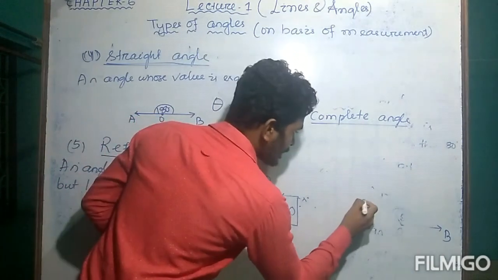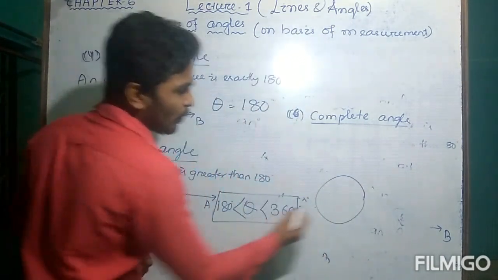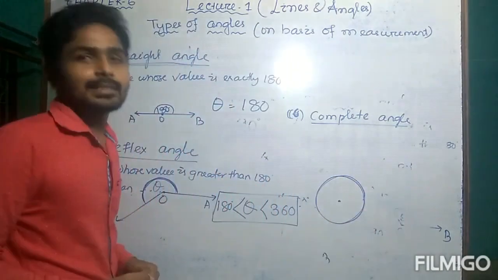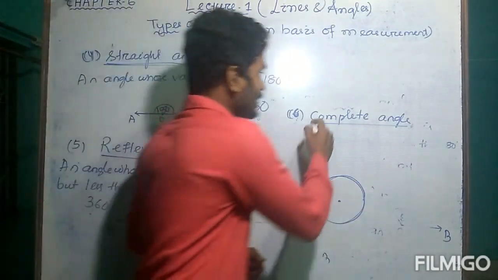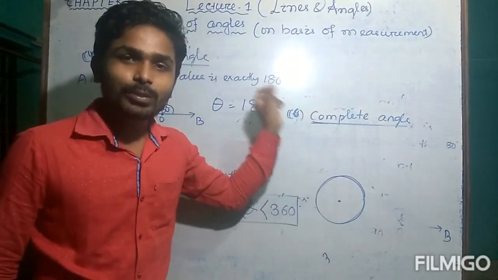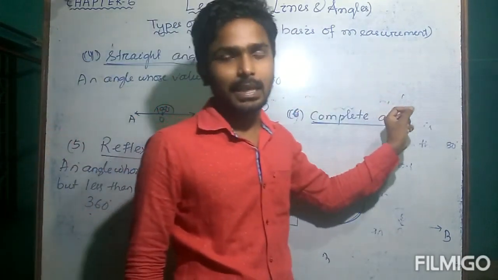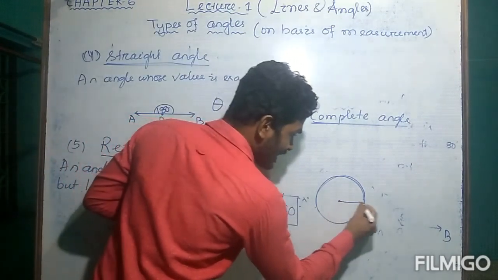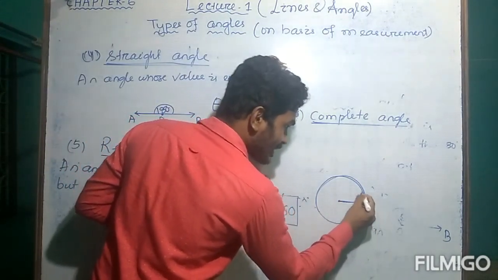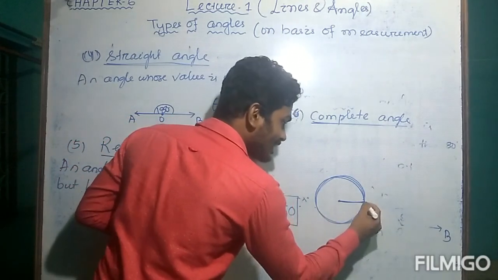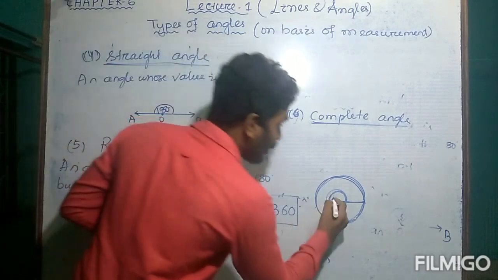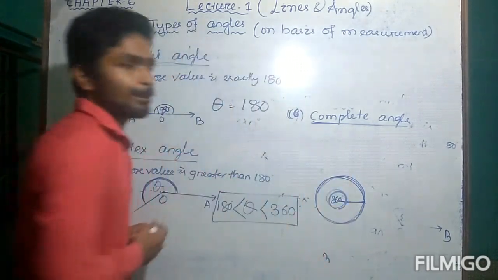Let us talk about a circle. As we know, the angle made by a circle is 360 degrees. So the angle whose value is exactly 360 degrees is known as complete angle. It means suppose this angle starts from this and ends at this, then it will revolve around the circle and make an angle of 360 degrees.